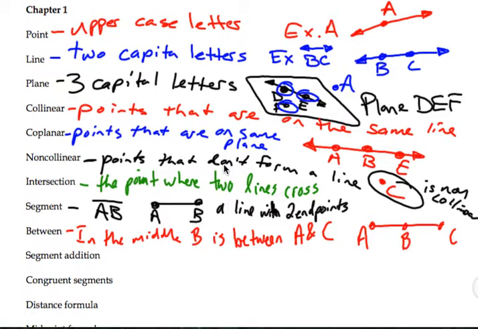So then if we're doing a problem like this and we have 3x and 17 and, I don't know, 38 as the whole thing, AC, you gotta do 3x plus 17 equals 38.